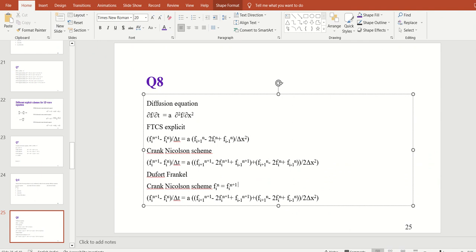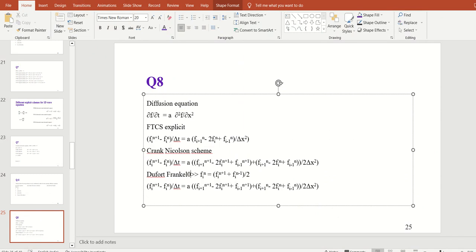We'll put like n plus 1 plus n minus 1 divided by 2. We are taking the average. Divided by 2. This is for Dufort-Frankel scheme. This is what we are doing for Dufort-Frankel scheme.